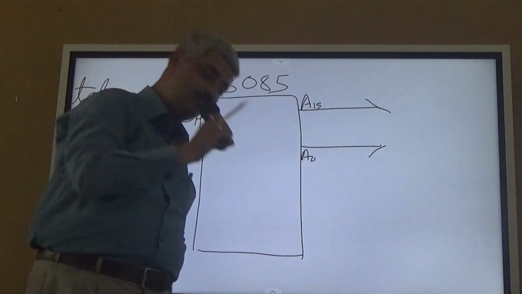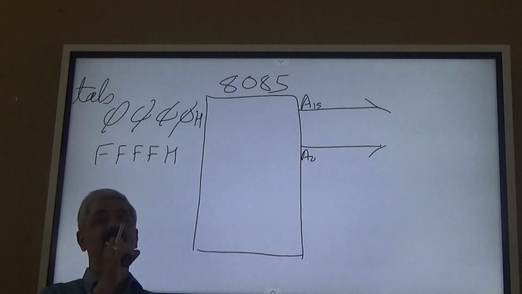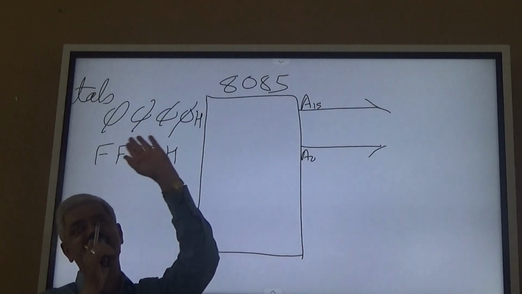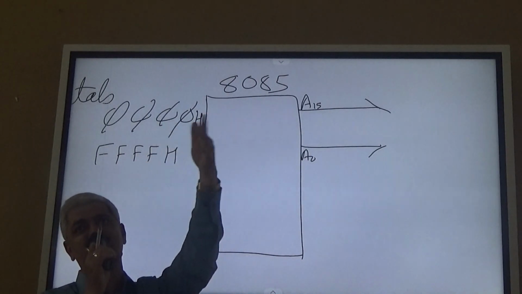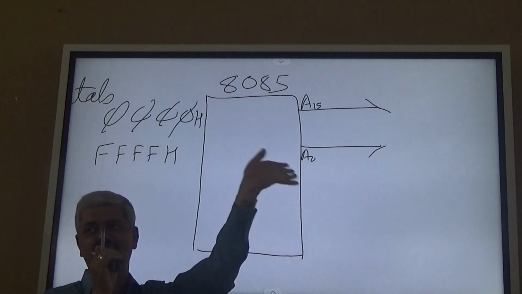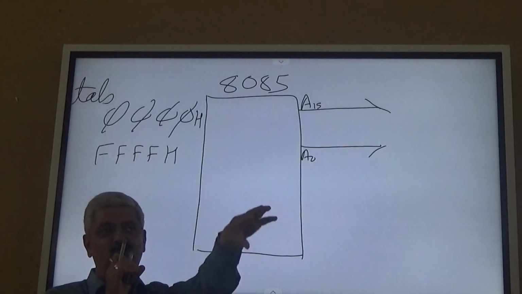So with the help of address lines, what is its use? Suppose I can do many things, I can do some things for nonsense purposes also. Right now, what we are talking about is what a microprocessor can do.